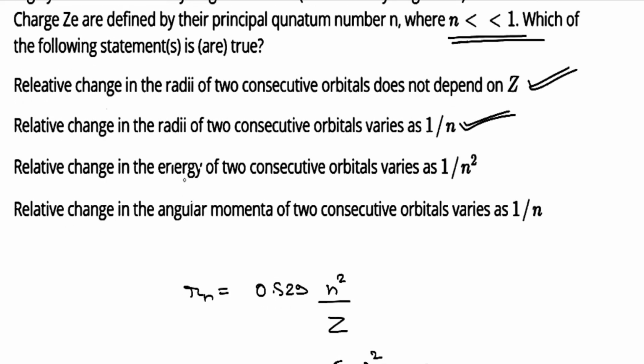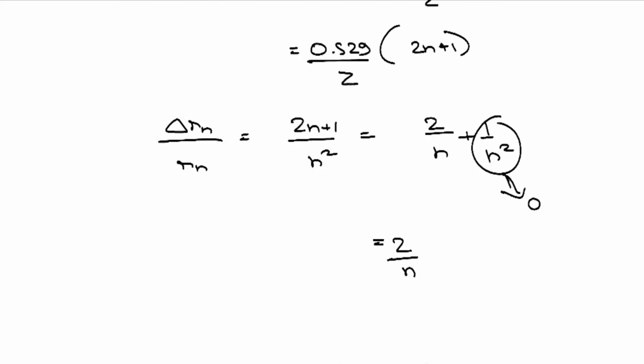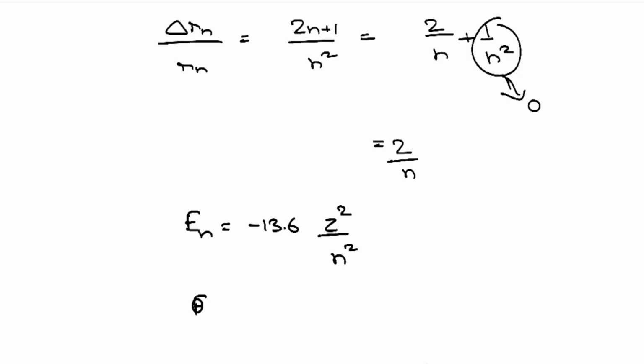The third statement talks about the relative change in the energy of two consecutive orbitals. Energy in the nth orbital is given by En equal to minus 13.6 Z squared by n squared. So En plus 1 will be minus 13.6 Z squared upon (n plus 1) squared.